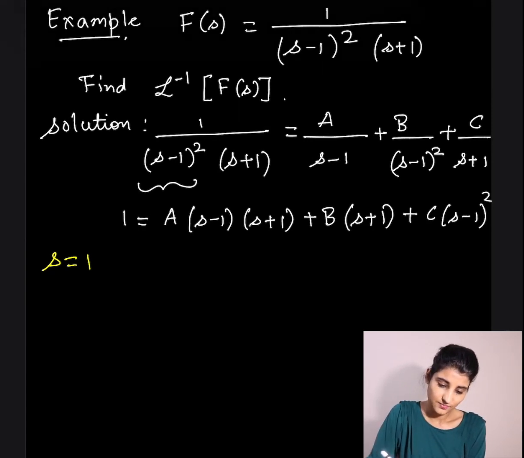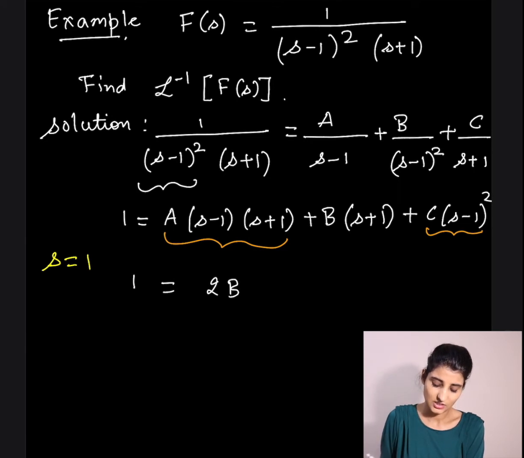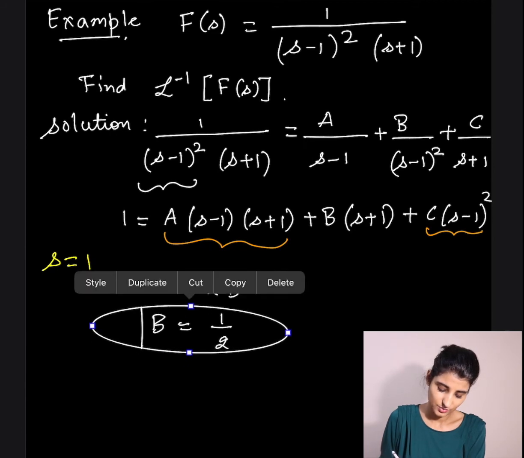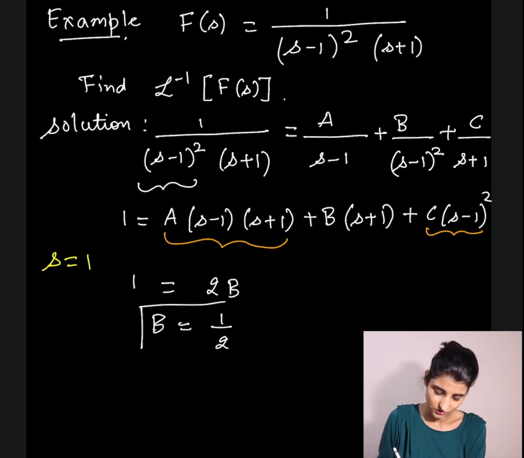The first term will be 0, the last term will be 0, so we will get 1 equal to 2 times B. So the value of B is 1/2.